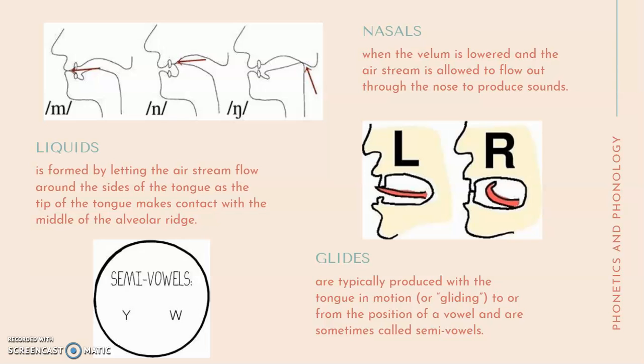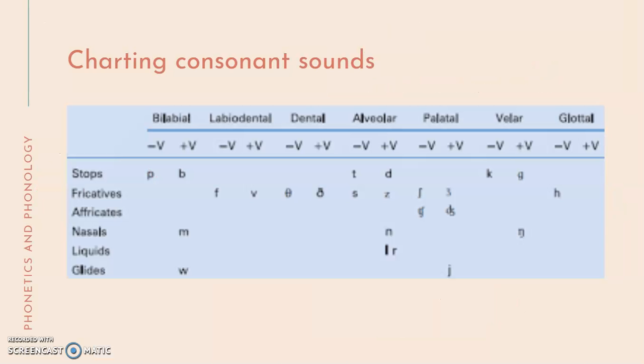Then we have glides. They are typically produced with the tongue in motion, gliding to or from the position of a vowel, and are sometimes called semivowels. So we have y and w. Then we have charting consonant sounds.